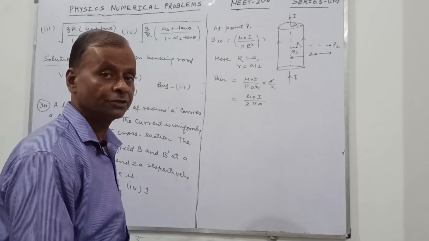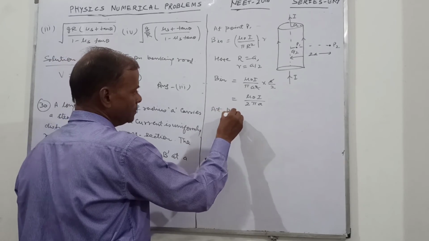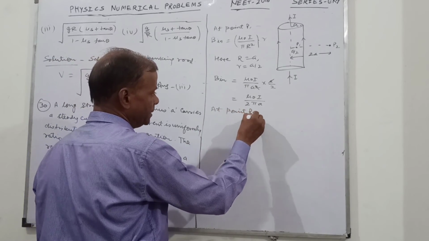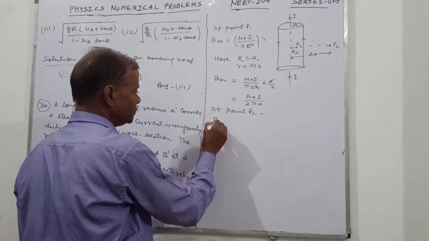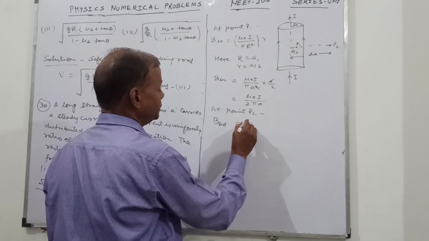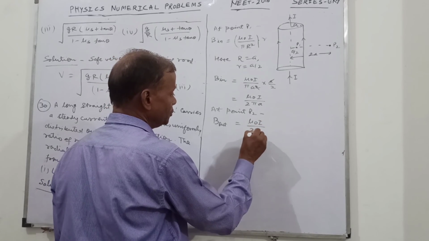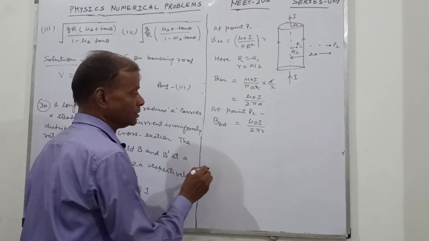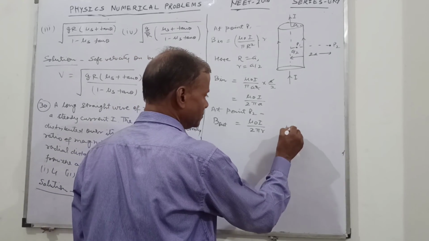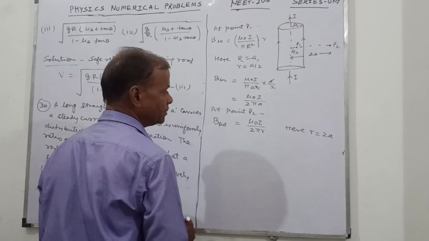And now outside, at point P2, B out equal to mu naught I upon 2 pi r. This is a direct formula. And here r equal to 2a.